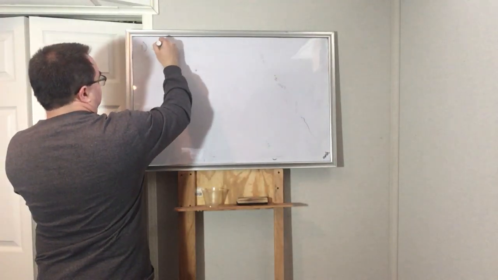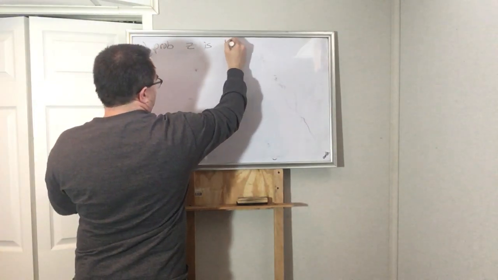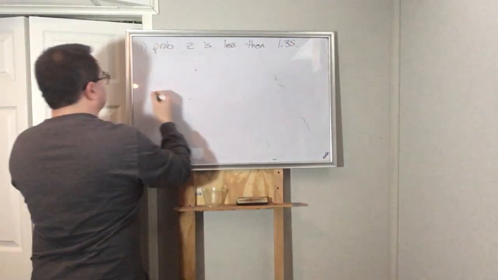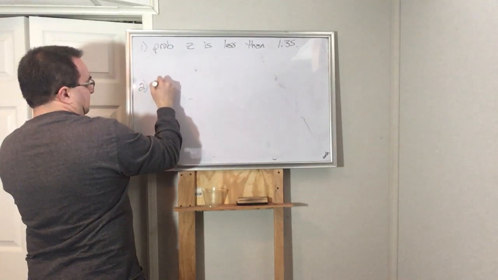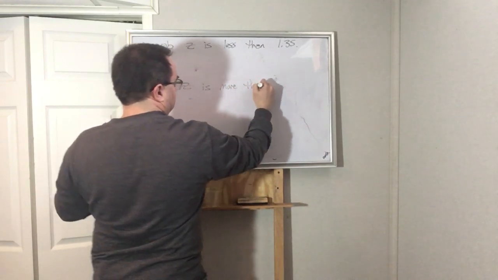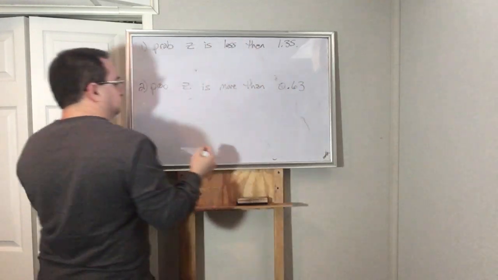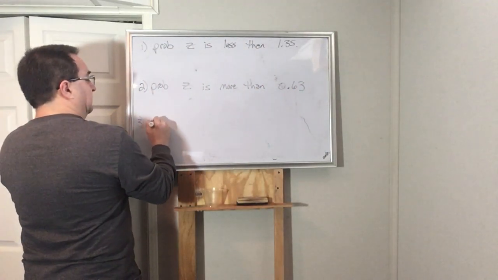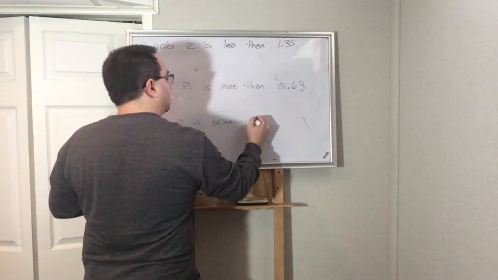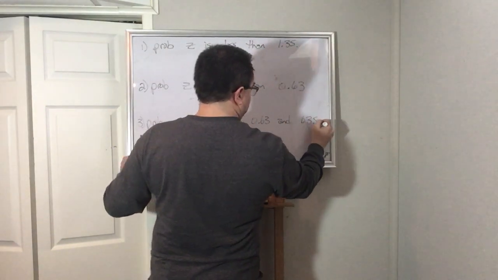One, probability z is less than 1.35. 2, probability z is more than 0.63. 3, probability z is between 0.63 and 1.35.